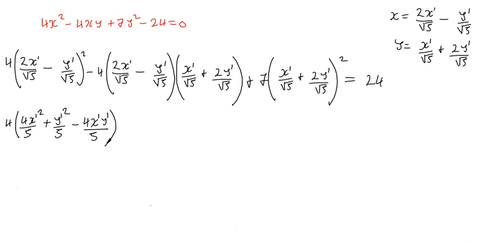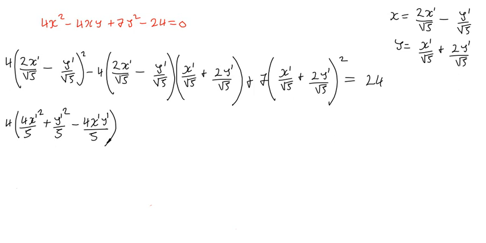Is my expansion okay there? So this one by that one, you're going to get minus 2x prime y prime divided by 5. Then again this one by that one, you're going to get minus 2x prime y prime. Oh yeah, I'm right, it's okay like this.